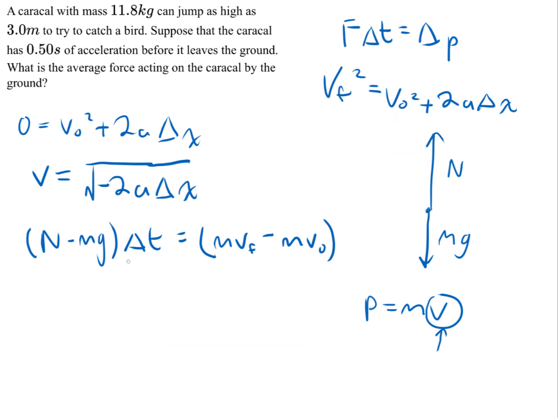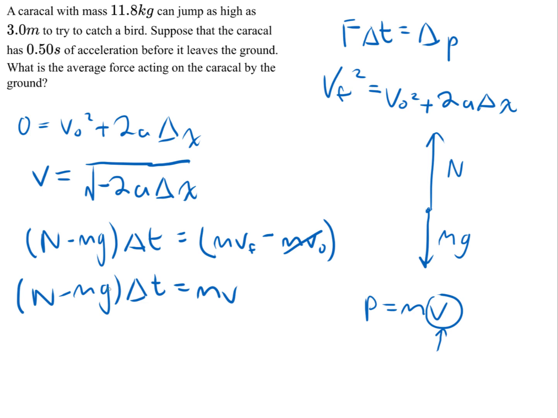So we can just ignore that since it has no initial momentum. So then we have that the normal force minus the force of gravity times the time interval is just equal to its momentum at that instant when it leaves the ground.